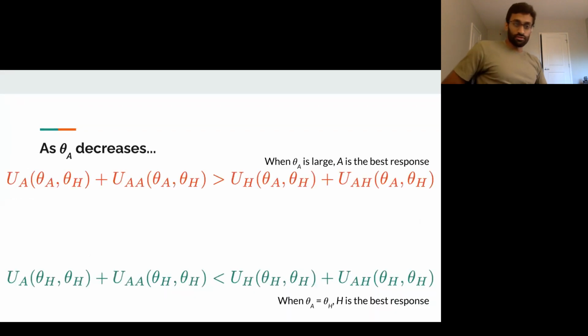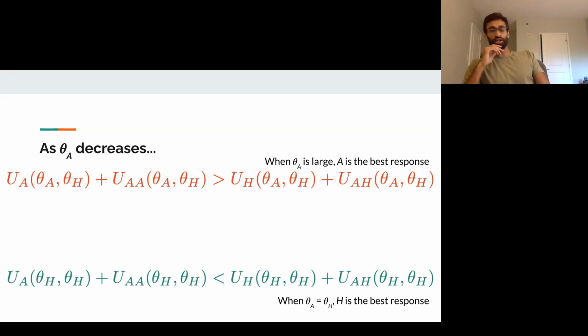This may look like a lot, but it's really just the same equation written twice. At the top, when theta A was very large, using the algorithm was the best response: given that your competitor is using the algorithm, you're better off also using the algorithm for sufficiently large algorithm accuracy.